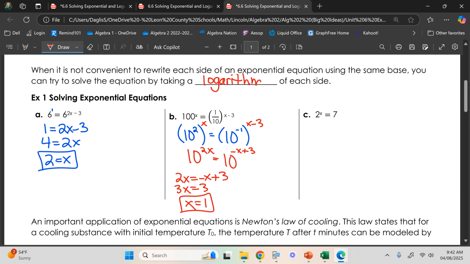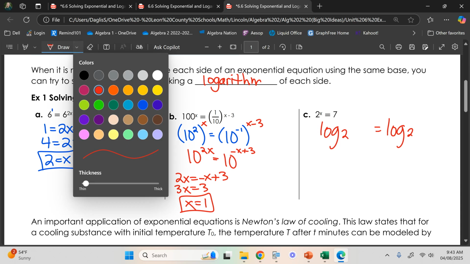So is that going to be the base of 2 or the base of 7? The base of 2. 2 has the x. We're going to bring in a log base 2 to both sides.